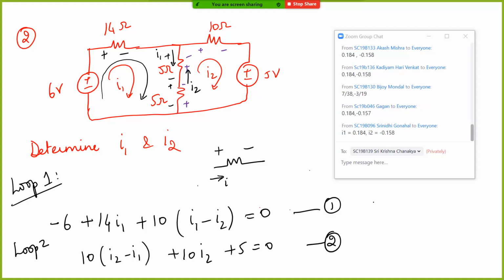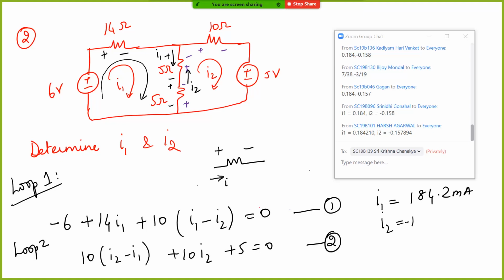Yeah, the answers are right. So I1 equals 184.2 milliamp. I2 equals minus 157.8, or 89, whatever.